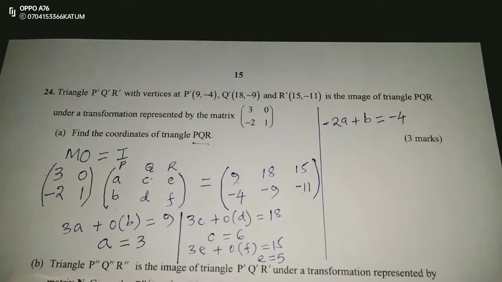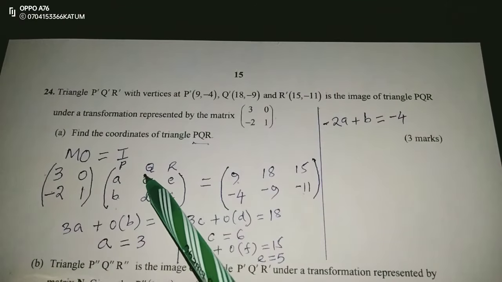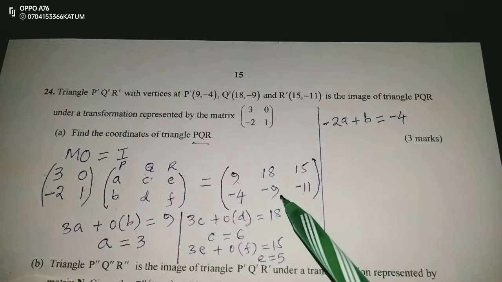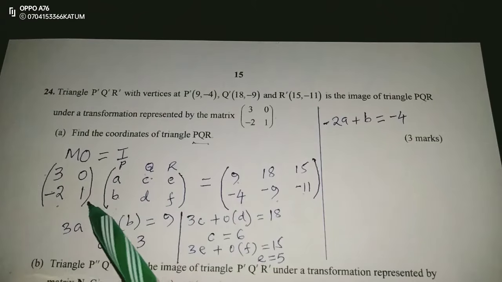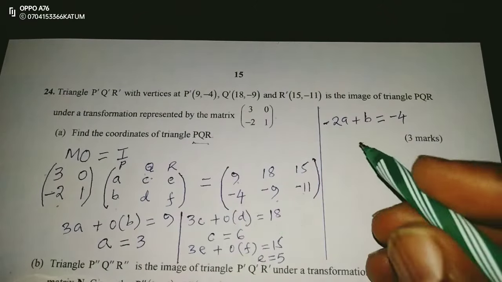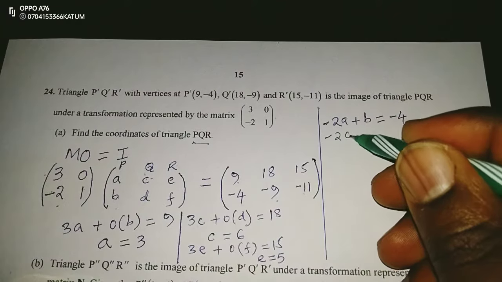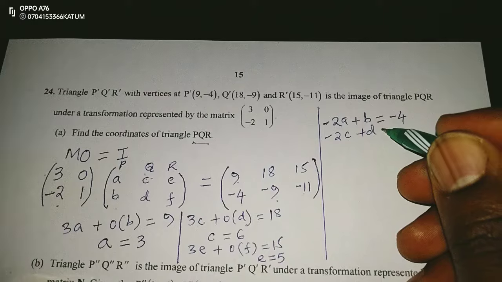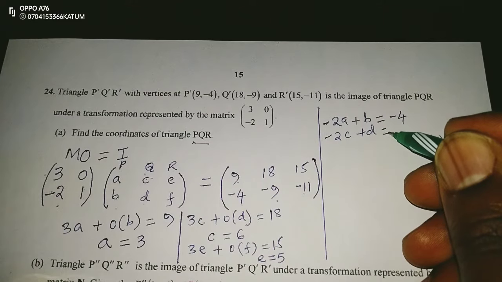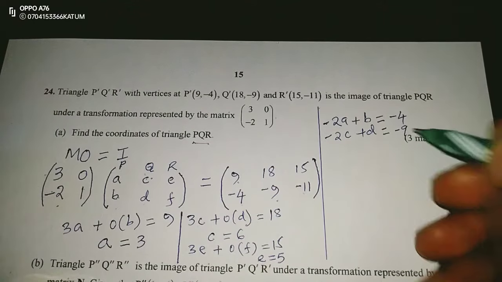Also, when we take this row times the next column, we should get -9. So -2C plus D is supposed to get -9.